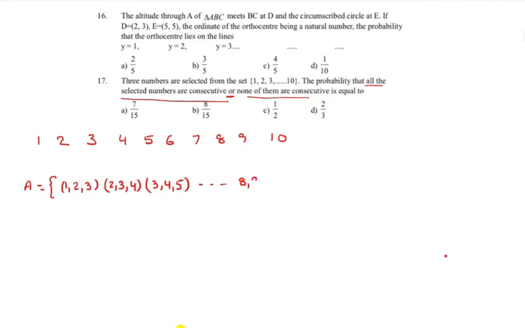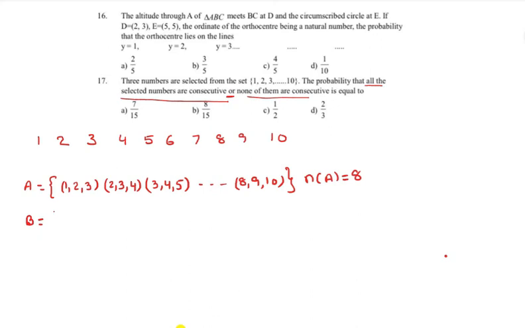Like that you can go up to 8, 9, 10. That means the number of elements in A is equal to 8.